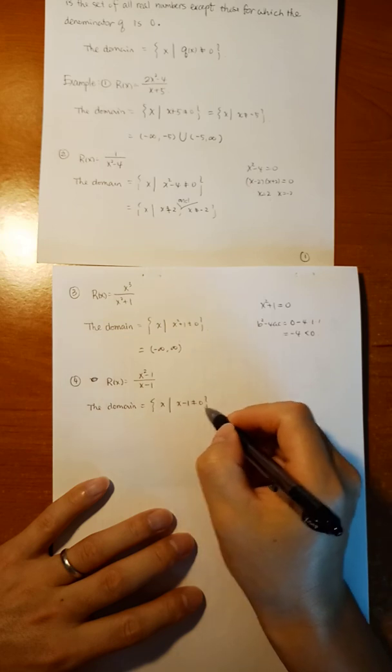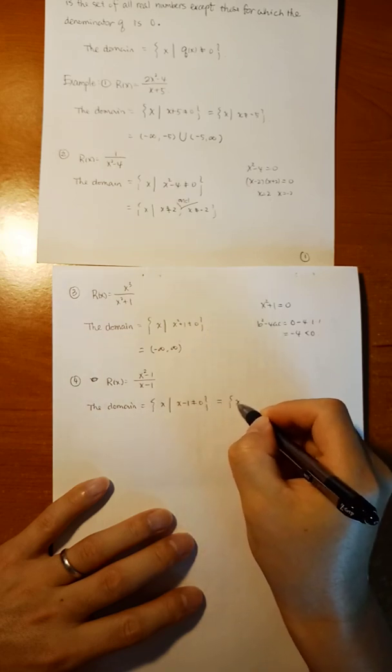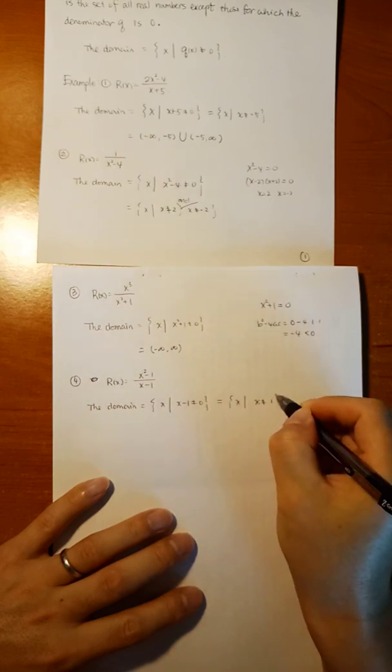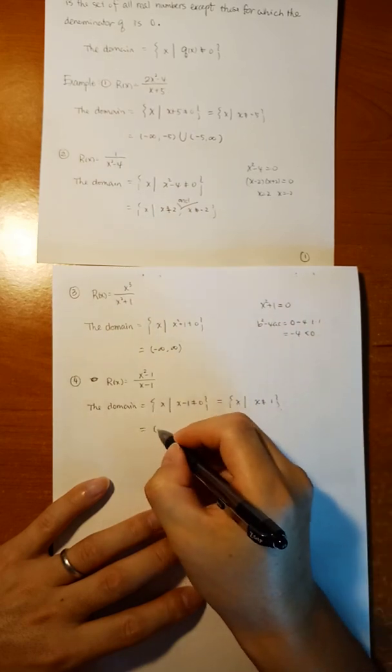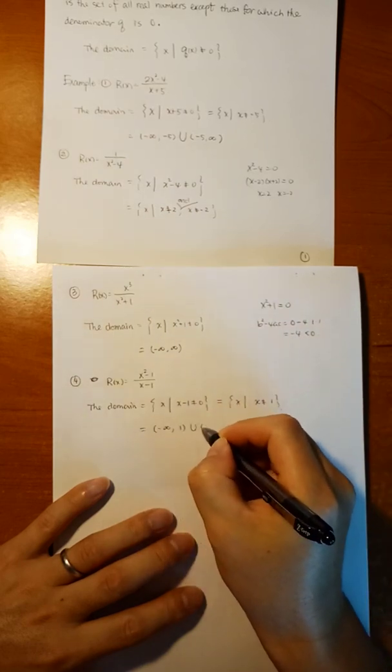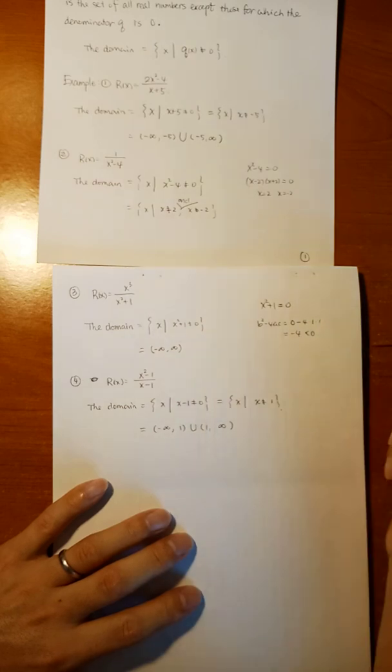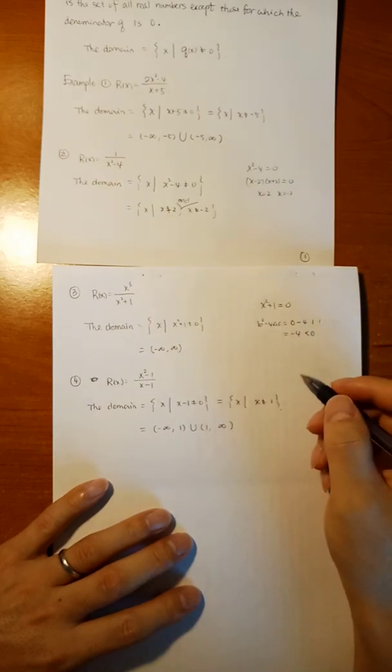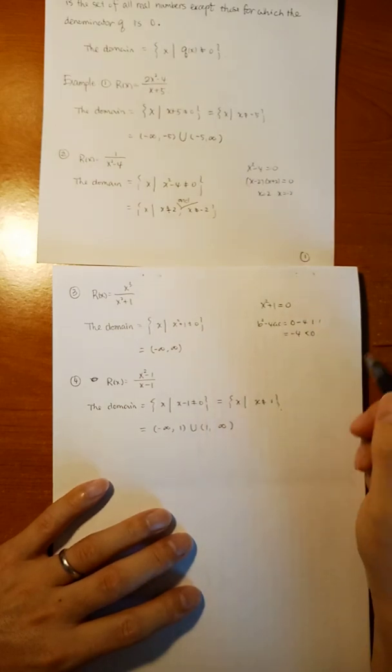And this just means x cannot be 1. So the domain is from negative infinity to 1, union from 1 to positive infinity. So it cannot be equal to 1.